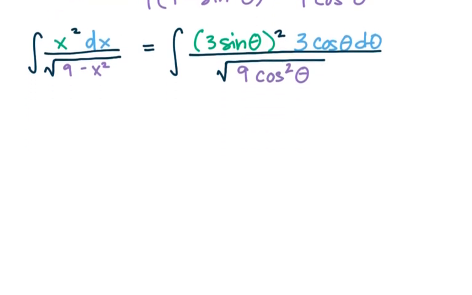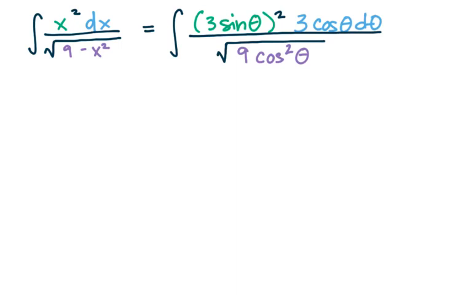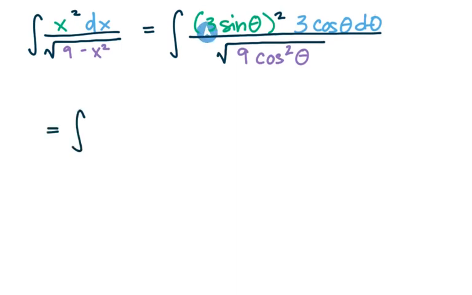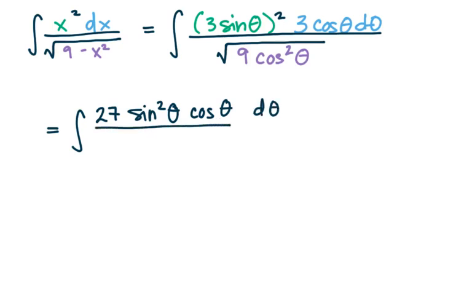At this point, we need to simplify. So we have our integral, 3 squared times 3, that's 9 times 3, or 27. We've got 27 sine squared theta times cosine theta d theta over, and the square root of 9 is 3.